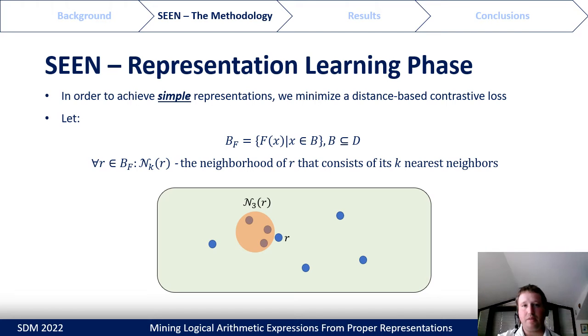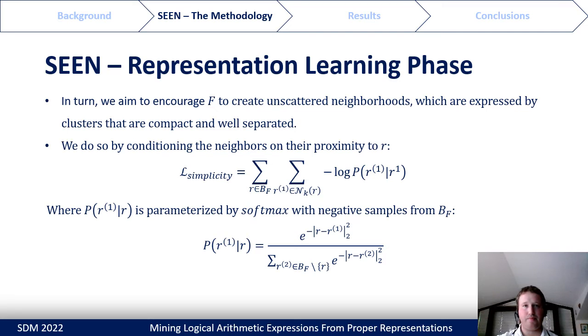Then, for each observation, I find its neighborhood, which consists of its k nearest neighbors in the learned representation space. Then, I aim to minimize the distance between neighbors and maximize the distance between non-neighbors.